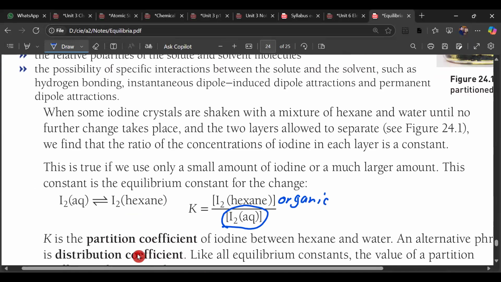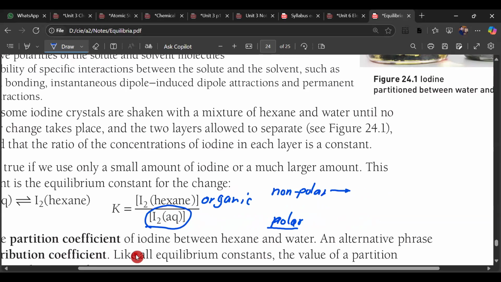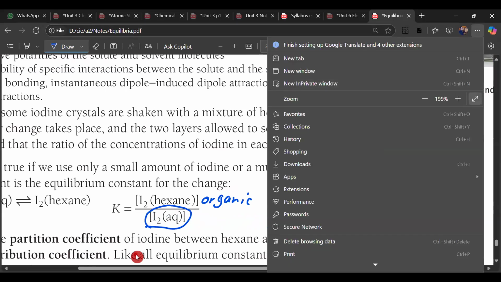In other cases, if there is no water, then in the denominator there will be a polar solvent, and in the numerator there will be a non-polar solvent. So how would you know whether it's non-polar or polar? Here comes your knowledge of AS level.